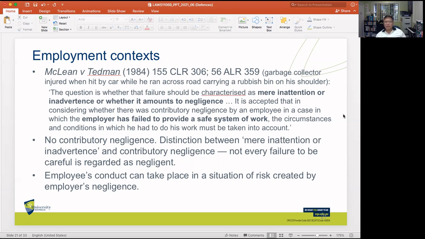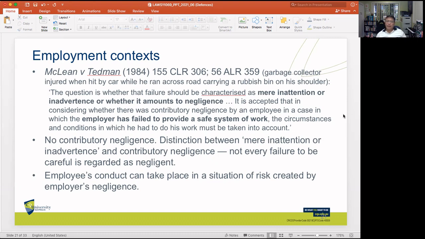It is accepted that in considering whether there was contributory negligence by an employee in a case in which the employer has failed to provide a safe system of work, the circumstances and conditions in which he had to do his work must be taken into account.